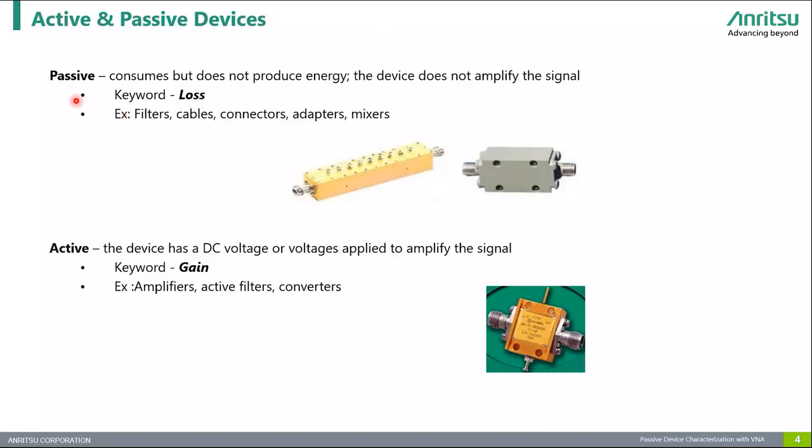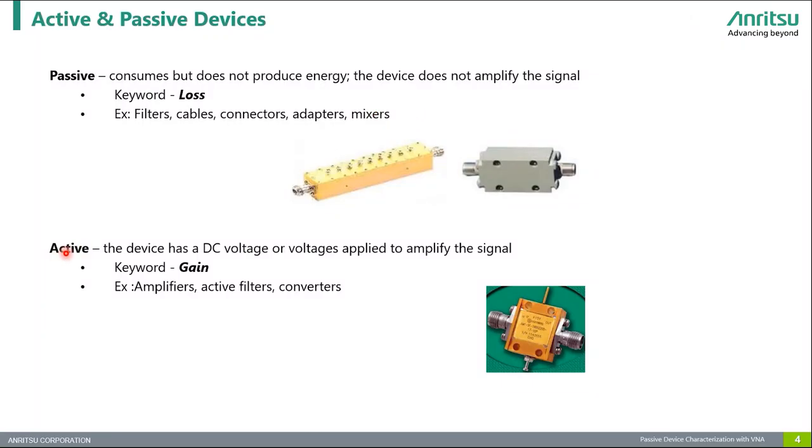The key term here is loss. Passive devices typically introduce attenuation into the signal path. Examples include filters, cables, connectors, adapters, and mixers. All these devices are essential for routing, combining, or conditioning signals without amplification.